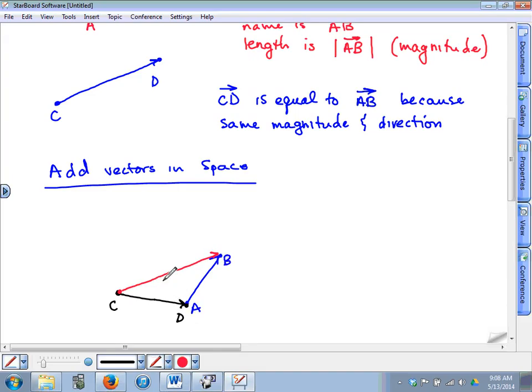This resultant vector, that's what it's called, a resultant vector when you add two vectors. This vector that I have here in red is the result of vector AB plus vector CD. That's one way to do it.